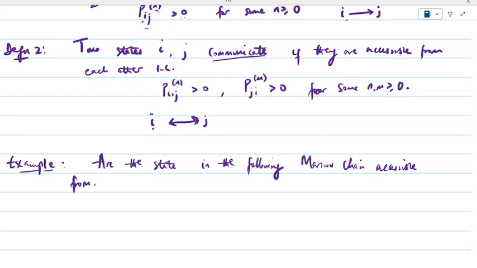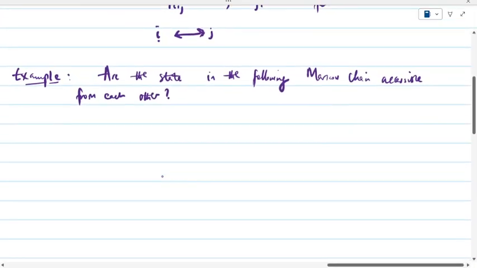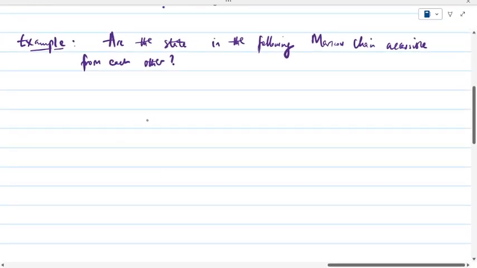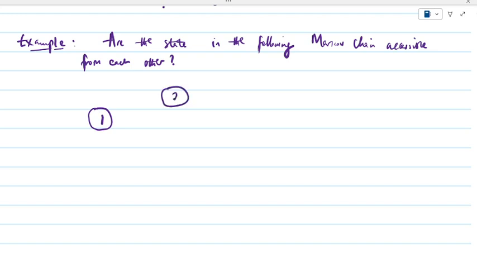In other words, accessible from each other means they communicate. So let's share this transition diagram. State 1, state 2, state 3, we have 4, and then we have state 5.